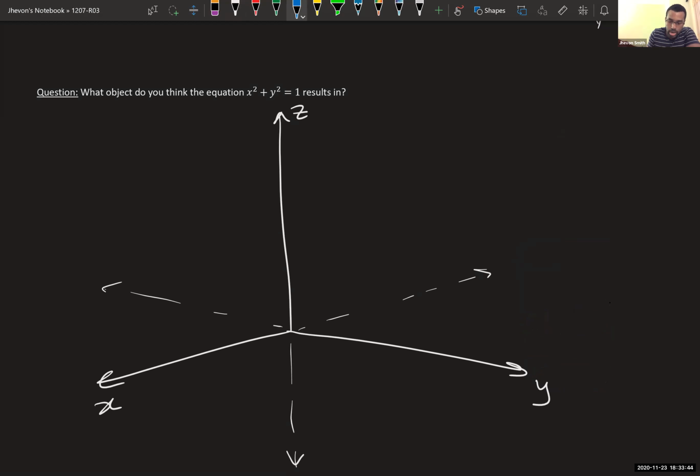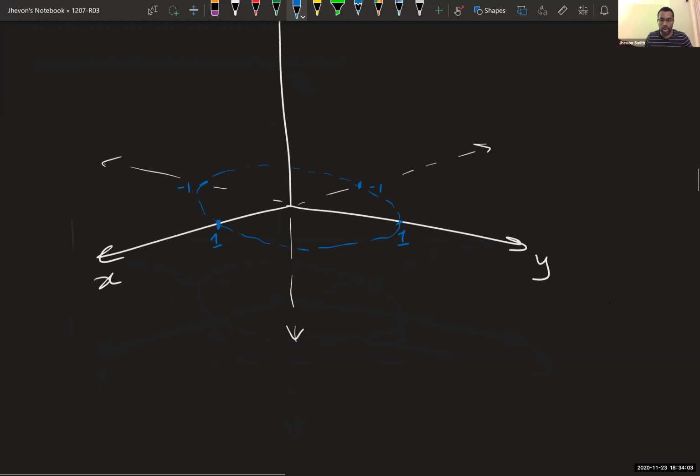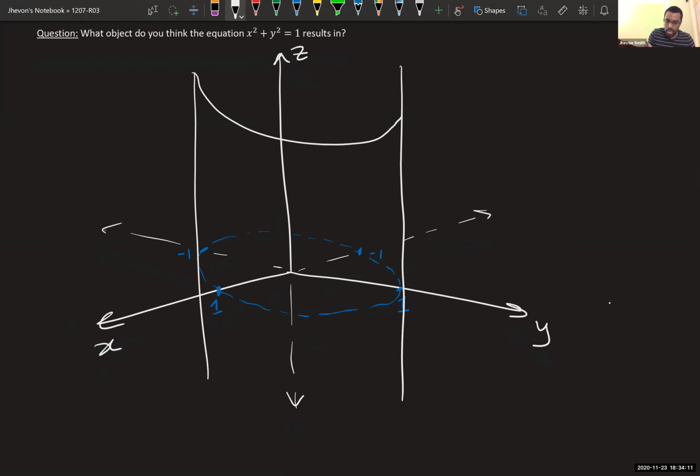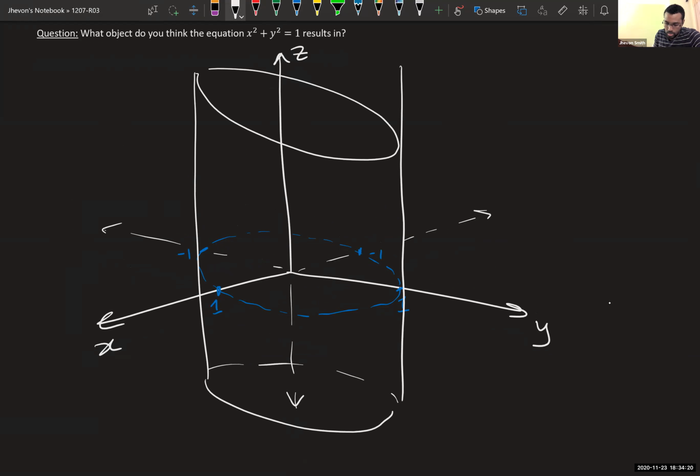Right. So what our x squared plus y squared equals 1 used to be was this circle in the xy plane that passed through x equals 1, passed through y equals 1, passed through x equals -1, passed through y equals -1 as well. But now you can move up and down and you're not changing the x and y coordinates. You're just varying the z coordinate. So now you can actually move directly up or down above that, and your x and y can maintain the same relationship. Somewhere that looks like an ellipse to me.